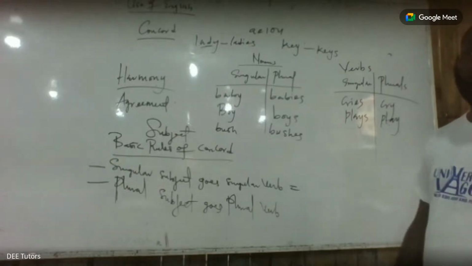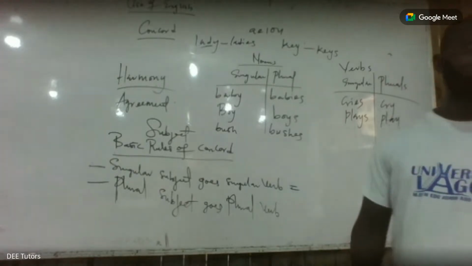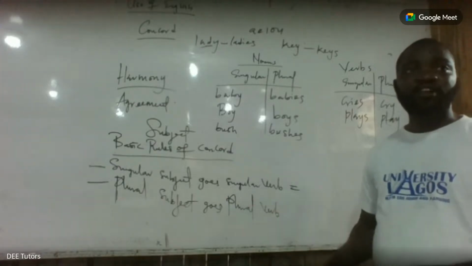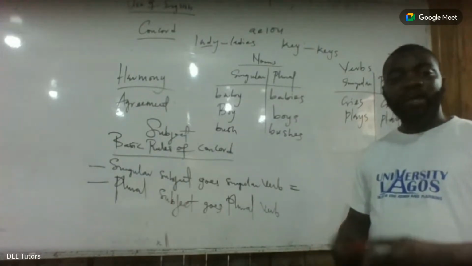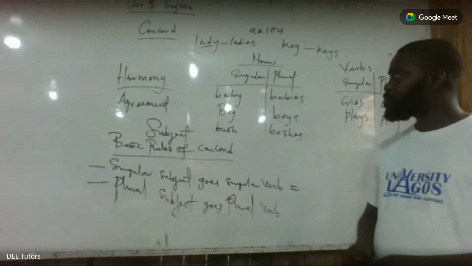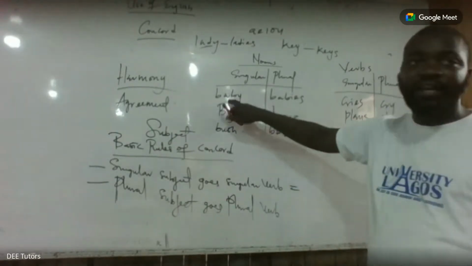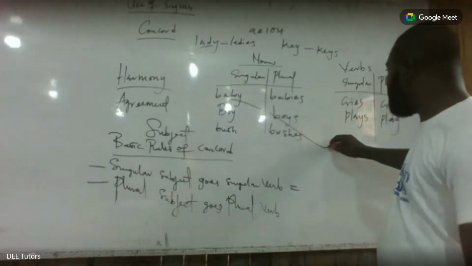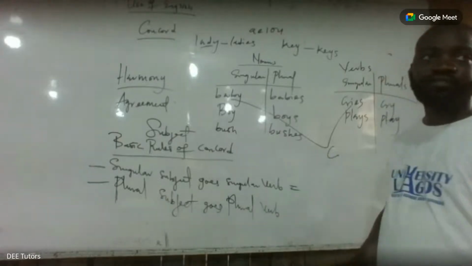Now, in Concord, the basic rule of Concord states that a singular subject goes with a singular verb, while a plural subject goes with a plural verb. When we have a singular noun which is a subject, a baby cries. That's Concord.